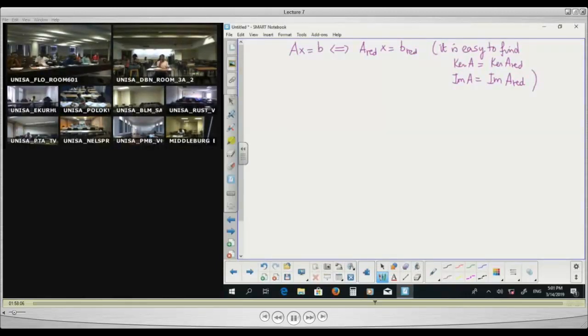Okay? Now, how do I extend this? Suppose I have... I already indicated, therefore, what should be my algorithm. Herein comes the augmented matrix. Why?